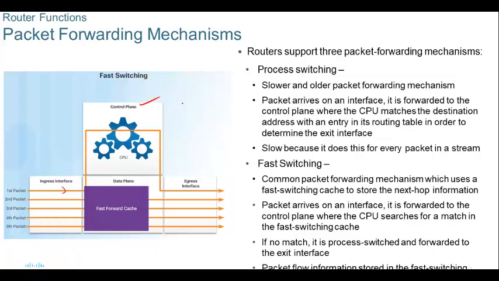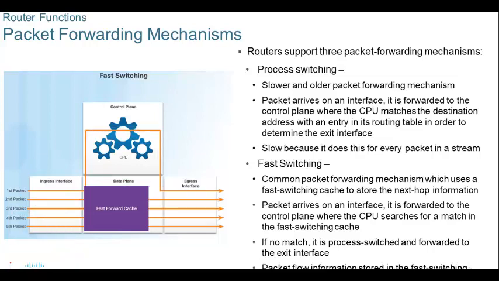So what happens is the very first packet comes here, goes to the control plane and learns the exit interface. From the second packet onwards, this data plane itself will know the exit interface, so it need not go up every time. First time you do not know, so you go up, learn it, and then forward it.